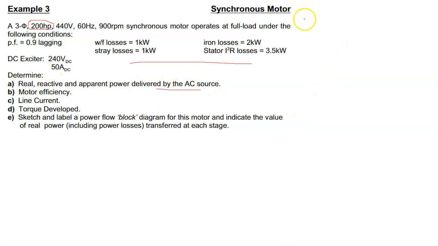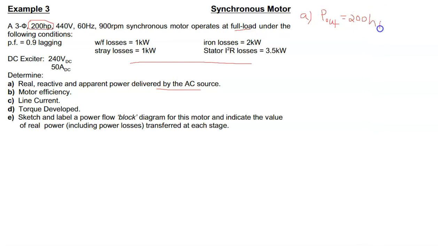And so we'll start with, we're told it operates at full load. So if that's the case, power out is approximately equal to 200 horsepower. And of course we need to convert that value to watts.